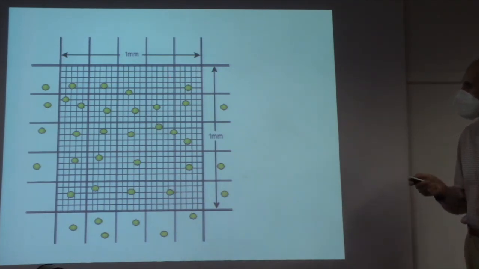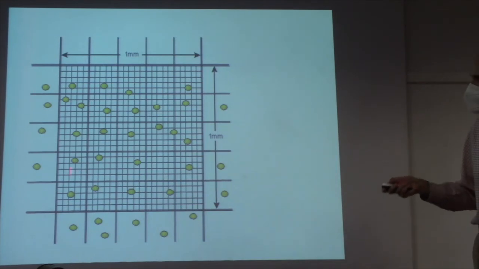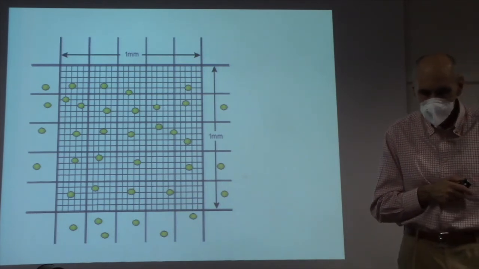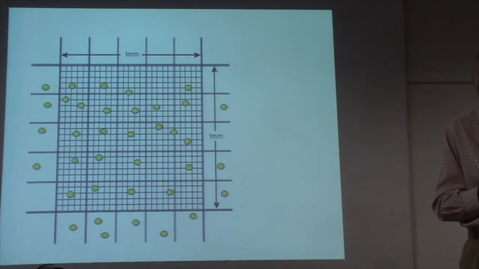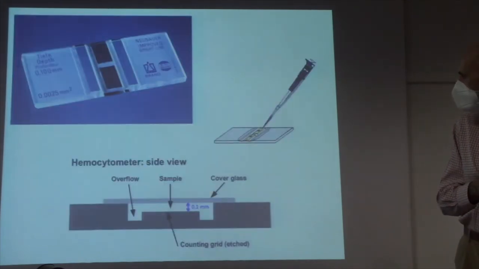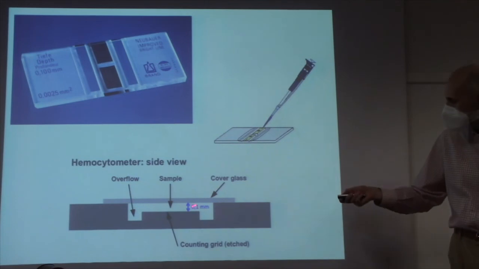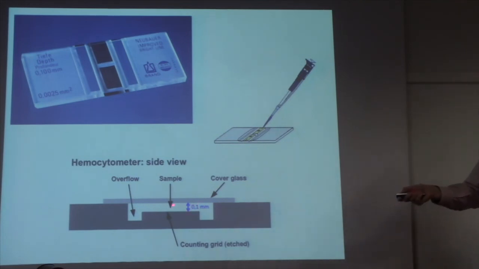And basically, you count the number of cells that are within this square, and you multiply it by a proper factor. How much? Here it is. I forgot to mention. The distance between the plate here and the cover slip of the glass is 0.1 millimeter.